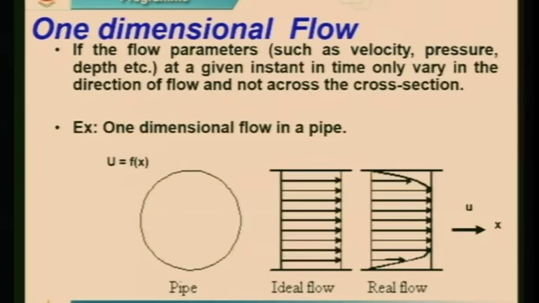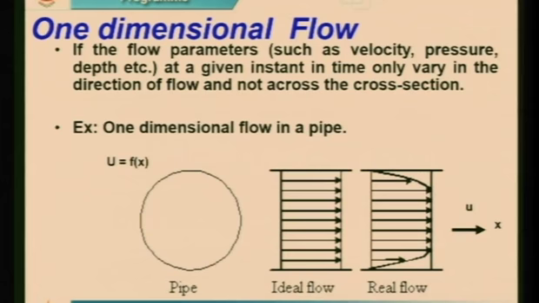One dimensional flow means the flow parameters such as velocity, pressure, depth, temperature at a given instant of time only vary in one direction and do not cross each other. We can see here this velocity which I showed for an ideal flow is constant everywhere.